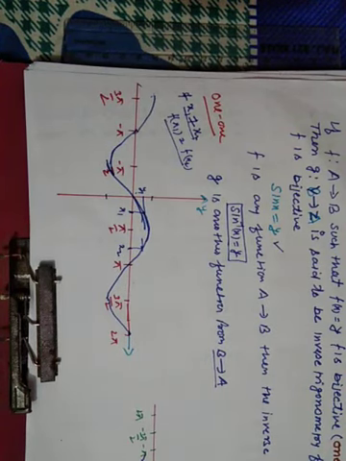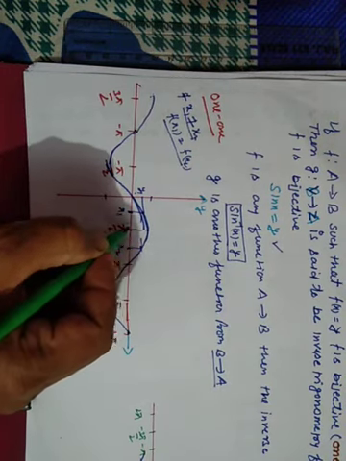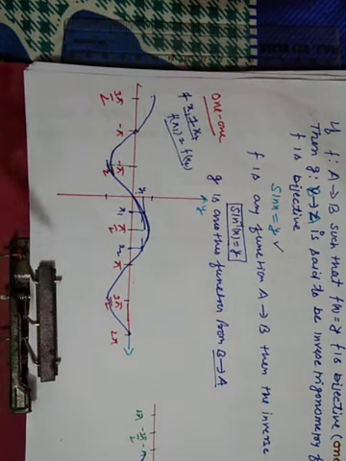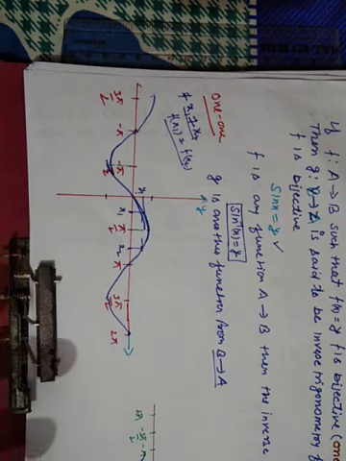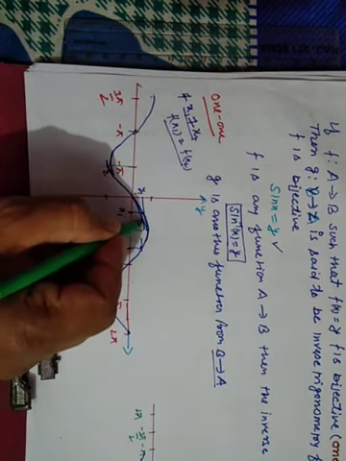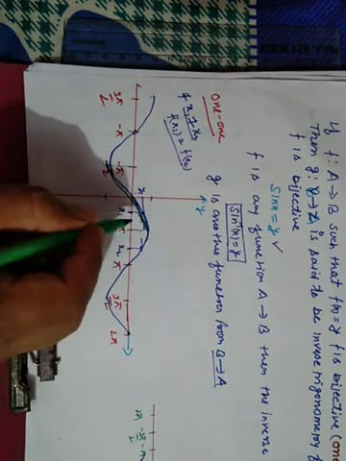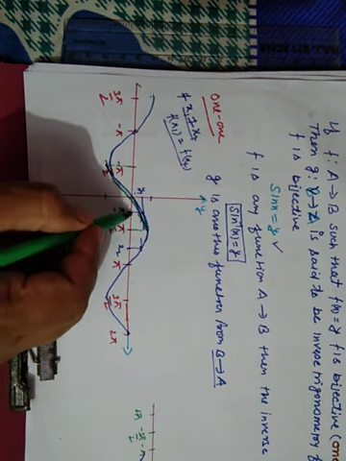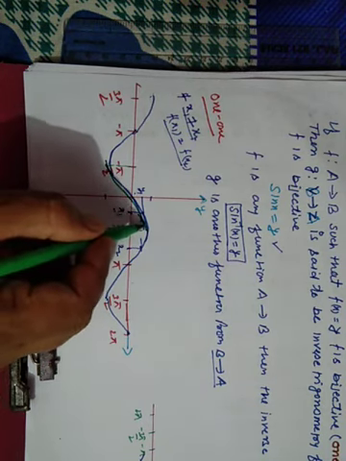So if I select the range like this from -1, we have to select the range in which no value is repeated, meaning for every individual value of x we get an individual value of y. Clear? Now just look at this range. You have a range in front of you. For every single value of x, whether you put x1, x2, x3, any value, you will get a different result.